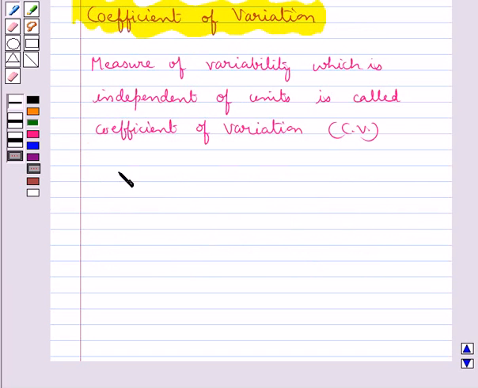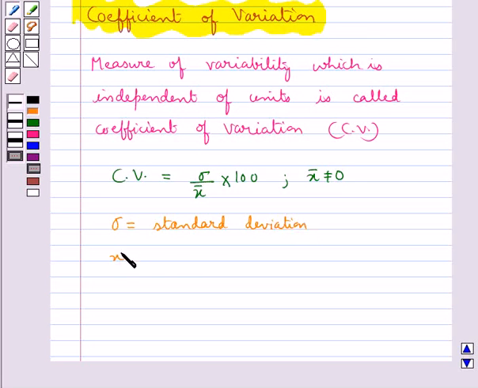Coefficient of variation CV is equal to sigma upon x bar multiplied by 100, where x bar is not equal to 0. Sigma is the standard deviation and x bar is the mean of the data.